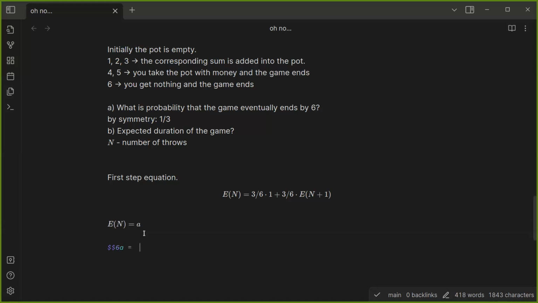We have 6a is equal to 3 plus 3a plus 3, and hence a is equal to 6/3, which is 2. Okay, point B solved.